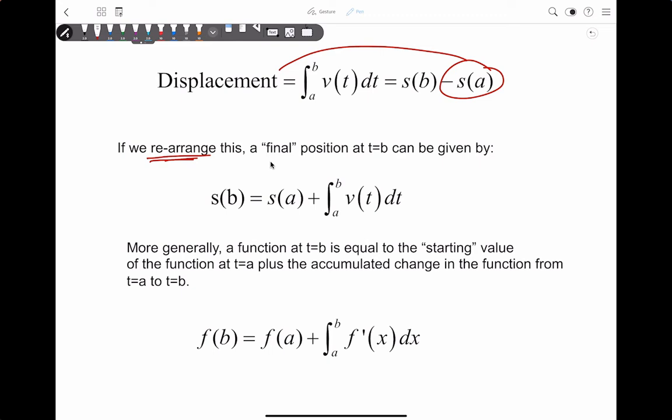And then this S of B remains all by itself. And this is another way that we can see it. This is called the initial value equation. So the initial value problems that you will see in this unit revolve around this kind of rearrangement of the displacement equation, okay?